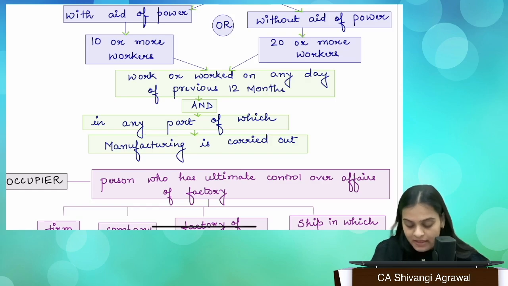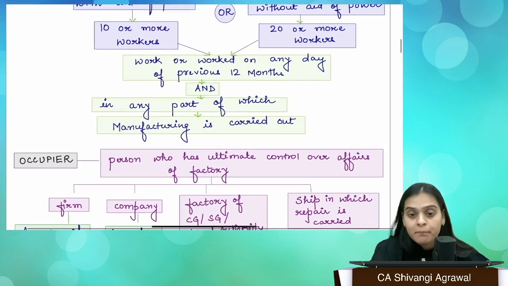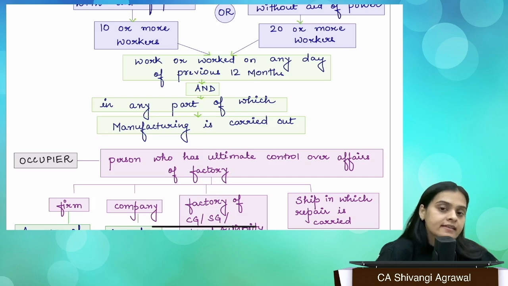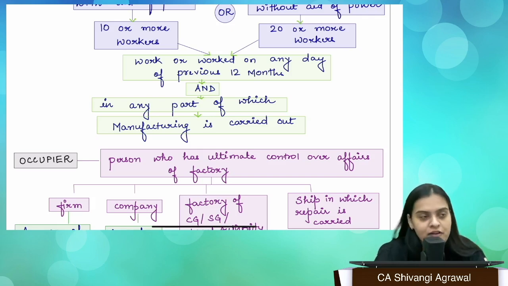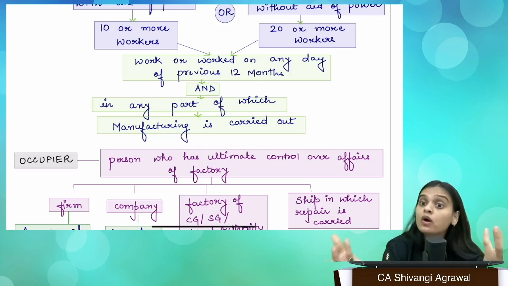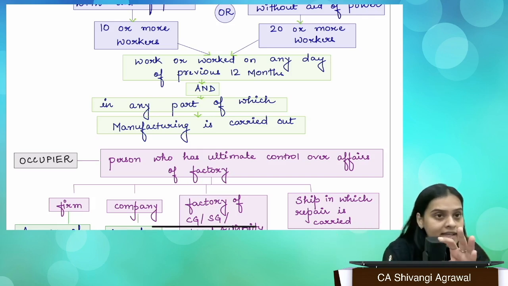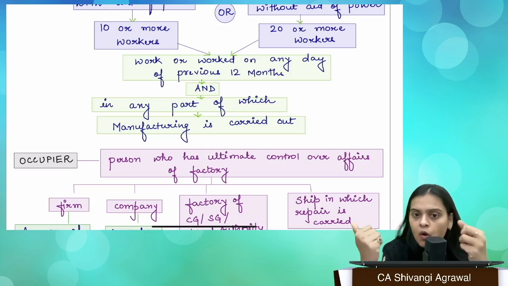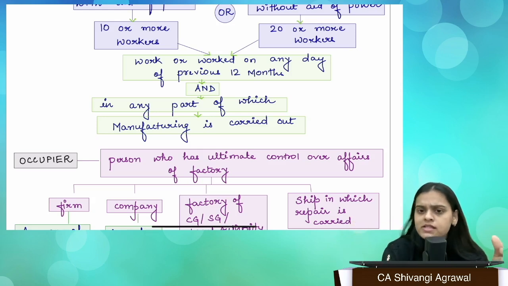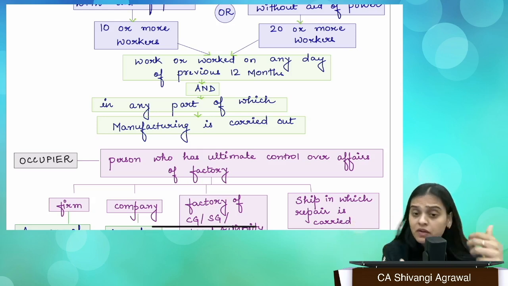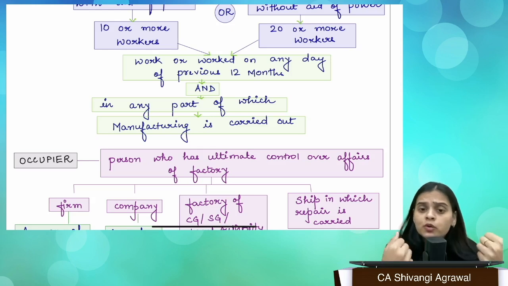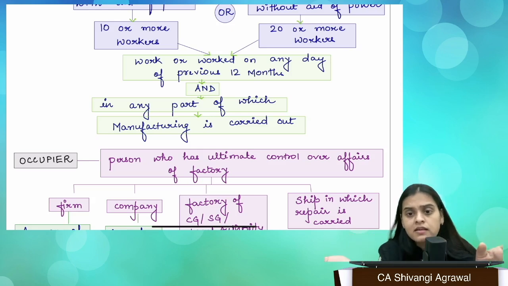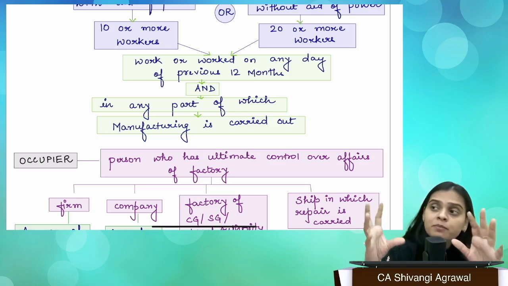But then they should be in any part of which manufacturing is carried out. The question is, what do we mean by manufacturing? Manufacturing could be making or altering of something, or packing, washing, cleaning, demolishing, finishing, oiling, pumping oil, water, sewage, generating power, printing, constructing, or preserving something in cold storage.